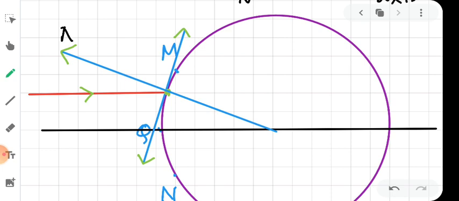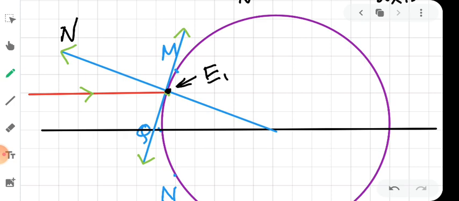This is the normal to the given point of incidence. I would call the point of incidence just E or E1. E2, E3, etc. may be used to represent other points of incidence.